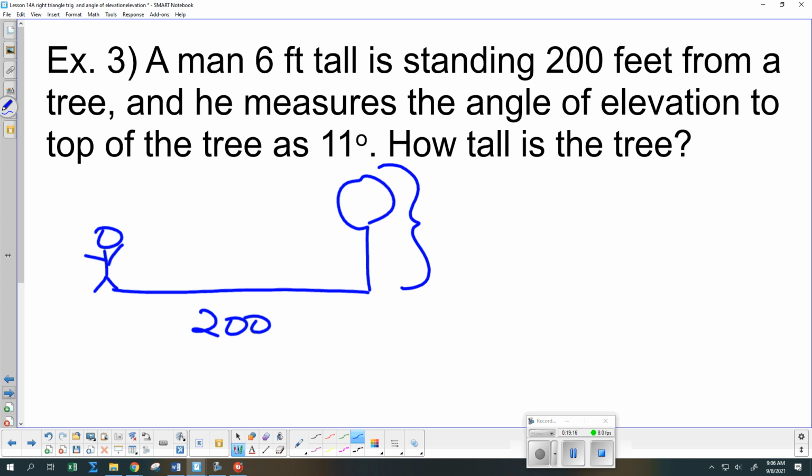And then let's be a little bit careful. We know that the man is 6 feet tall, and he is going to look up to the top of the tree. Are his eyes on his feet? His eyes are in his head, so we're going to assume he's really 6'4", that his eyes are 6 feet from the ground.